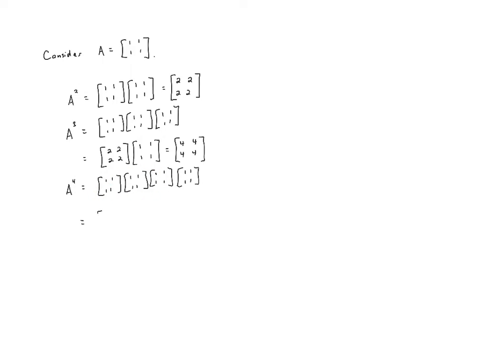We know that gives us the 2 by 2 matrix whose elements are all 4. So now we need to multiply that by the 2 by 2 matrix whose entries are all 1s. And when we look at these inner products, we end up getting 8, 8, 8, and 8. So A to the 4th power is the 2 by 2 matrix whose elements are 8, 8, 8, and 8.